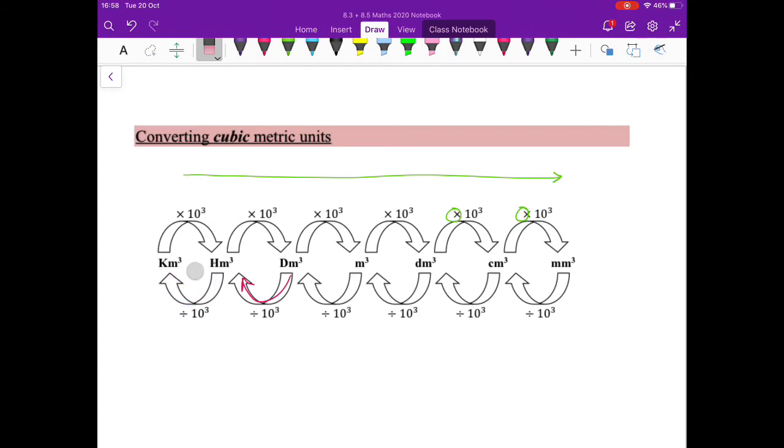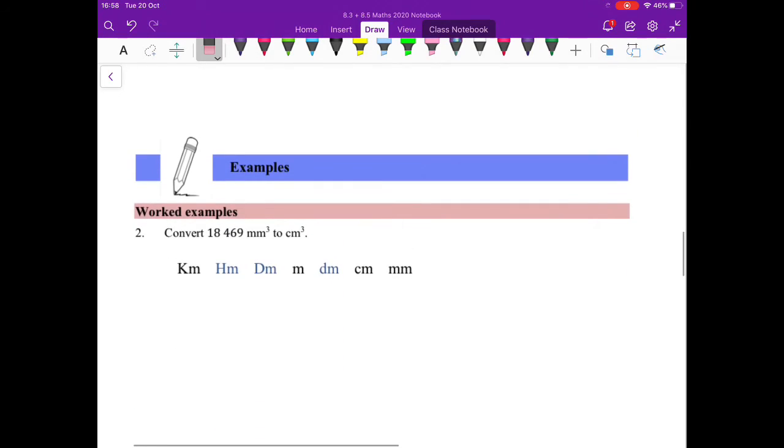Remember, we don't have single units, we don't have square units, but we have cubic units. So let's see how we do these examples. I suggest that when you write a test or an assessment, write King Henry down in pen, and do your bunny hops and jumps in pencil so that you can rub them out.